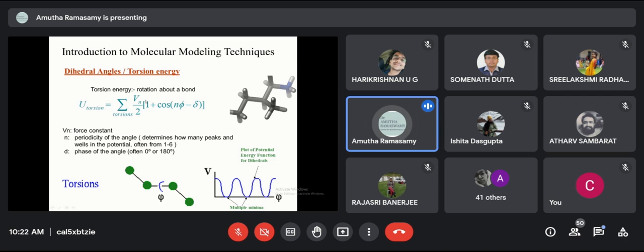Okay, so every atom will have its own native potential Vn, the force constant. Instead of K, they have given it as Vn, the force constant, divided by 2, into a cosine function. Okay, this is the corrected equation. So you simply have to read it like this: 1 plus cos of n phi minus delta. Okay, this is your dihedral angle. Is that okay?